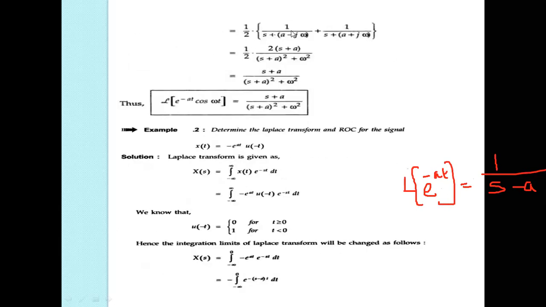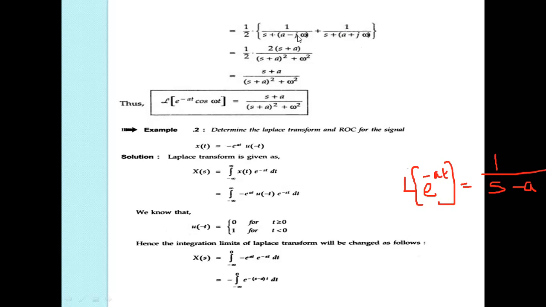So 1 by 2 into 1 by s plus a minus j omega, plus for the second term 1 by s plus a plus j omega. For the second exponential, the coefficient of t is a plus j omega. Simplify these two.